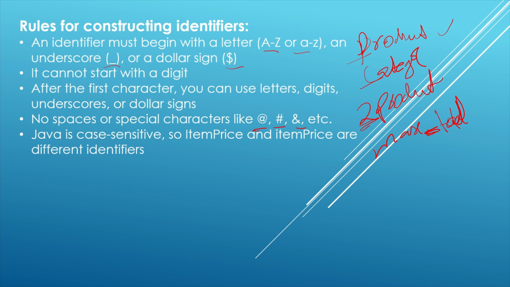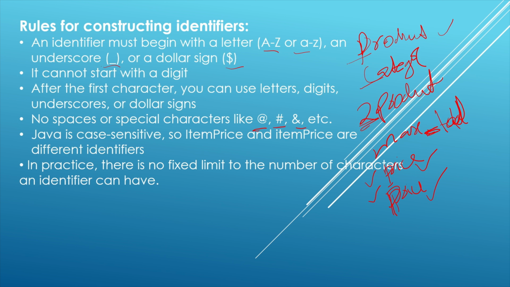Java is case sensitive. What does that mean? When I say price with a small letter and Price, assume these two are variables I'm writing, one with a capital P, the other with a small p. These two will be treated as two different identifiers or two different variables. That is what case sensitive means.